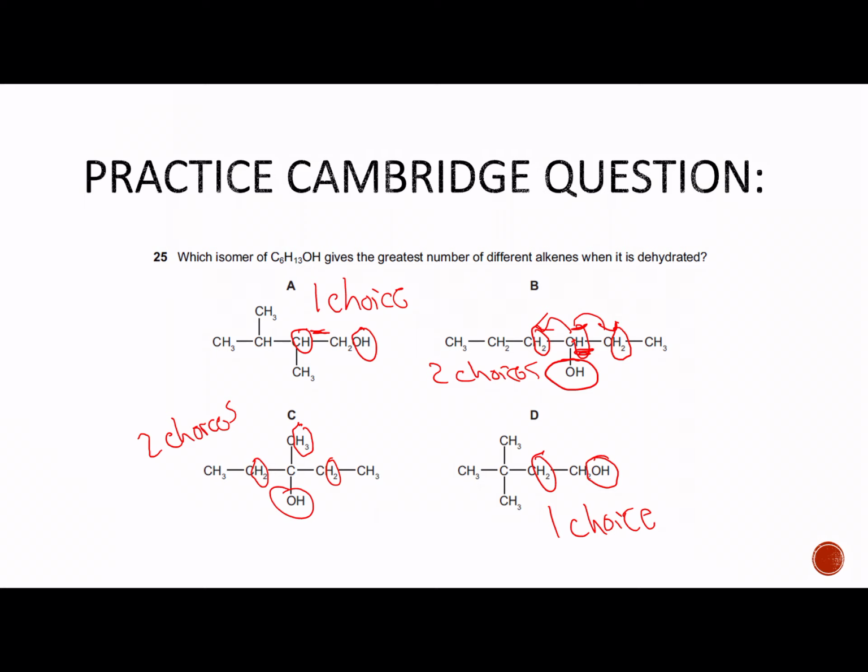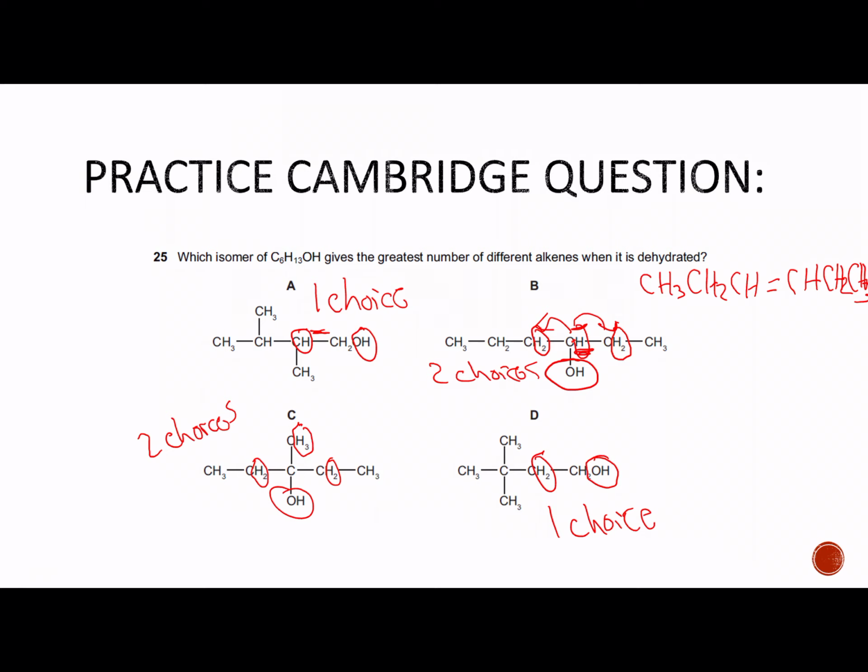Let's look at our two choices for B and our two choices for C. So I'm going to go ahead and write both out. For B, I would have CH3, CH2, CH double bond, CH, CH2, CH3.